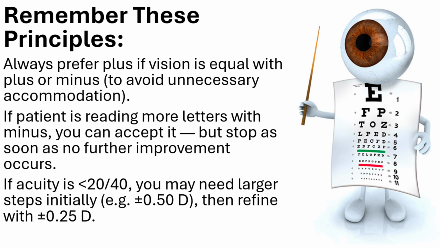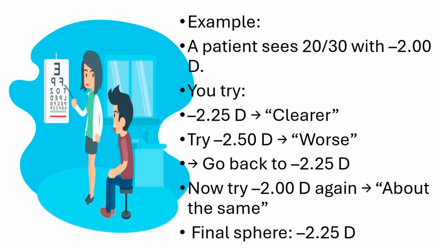Then we refine with plus or minus 0.25. Now we can see an example where we understand the refinement of sphere. A patient sees 6/12 with minus 2 diopter. We add minus 0.25. The patient says clearer. Even clearer, we add minus 0.25. If the patient gets worse, then we go back to minus 2.25.